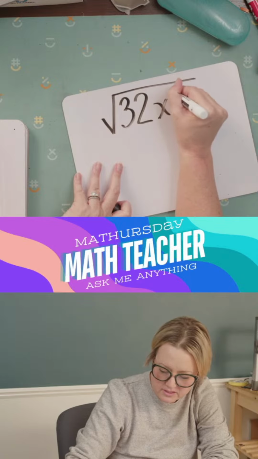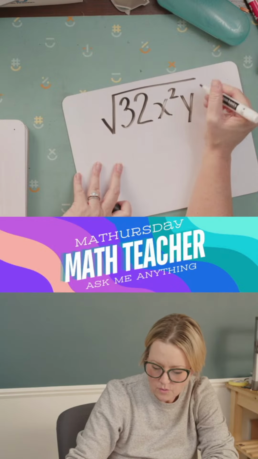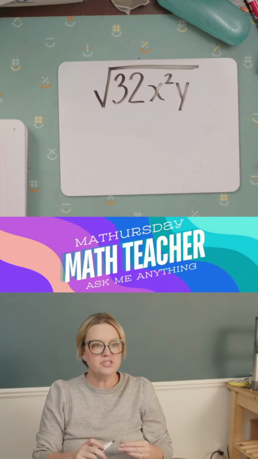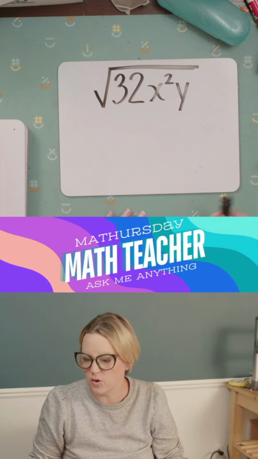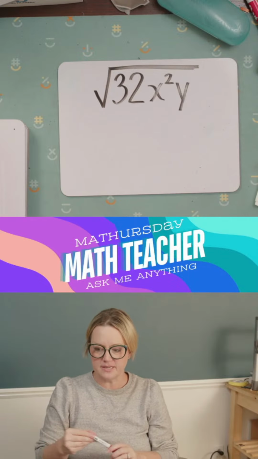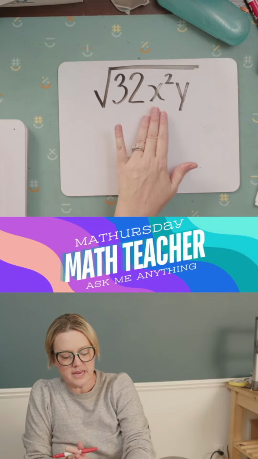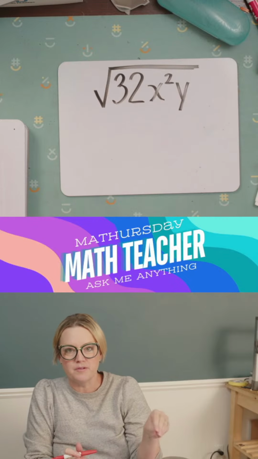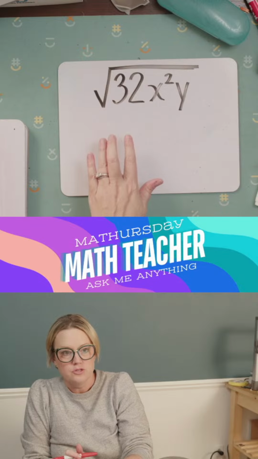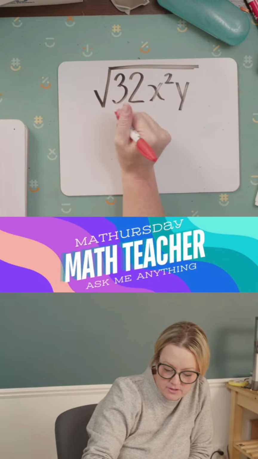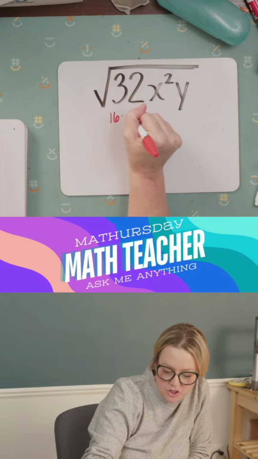And then x squared y. So 32, we already went over how we simplify that, right? But when we're looking at these, we're going to look at each thing and ask, can we simplify the square root of that? So the square root of 32, we already established, is 16 times 2.